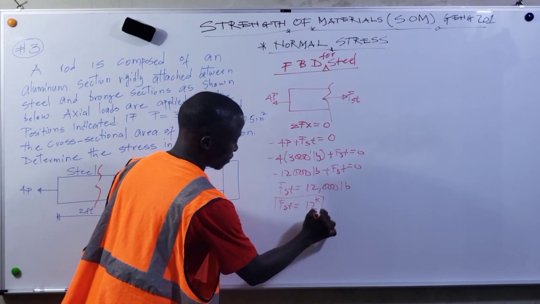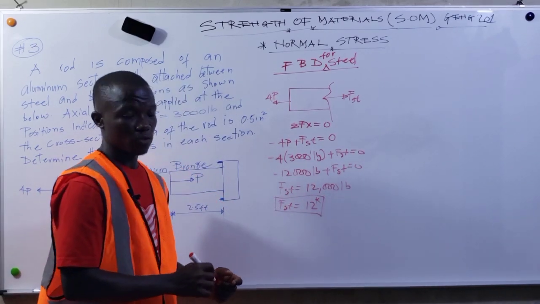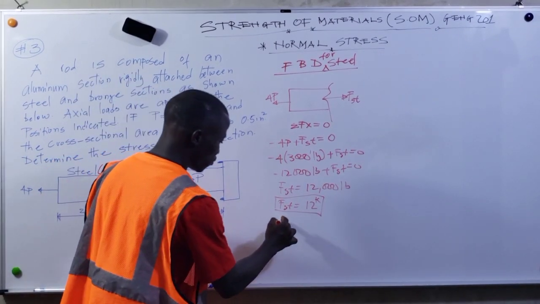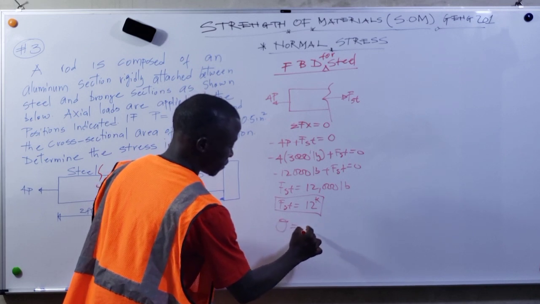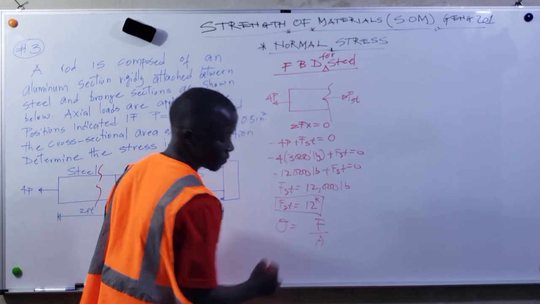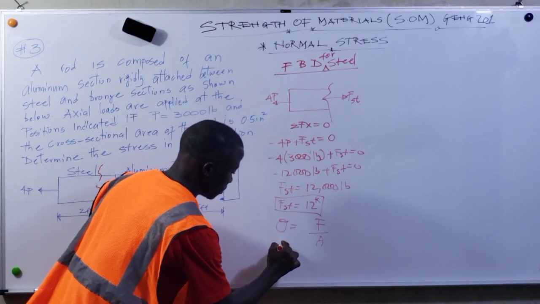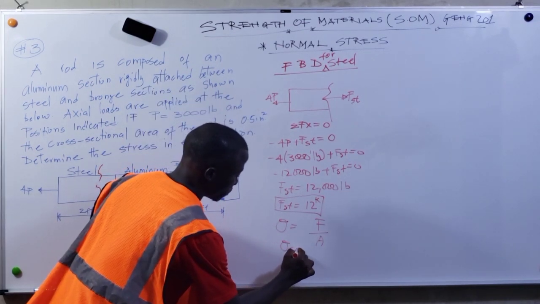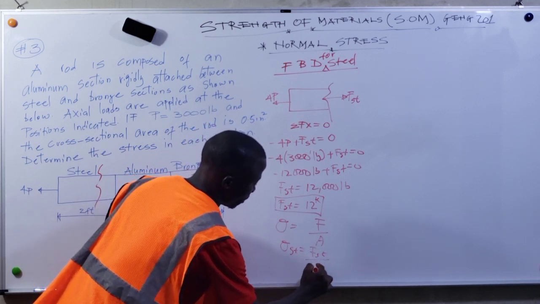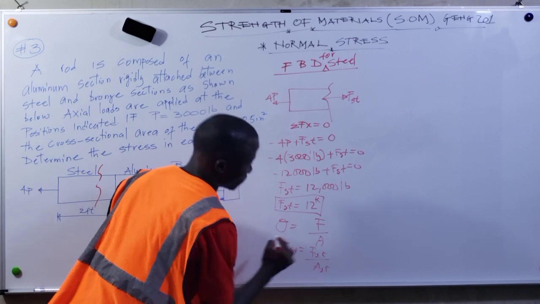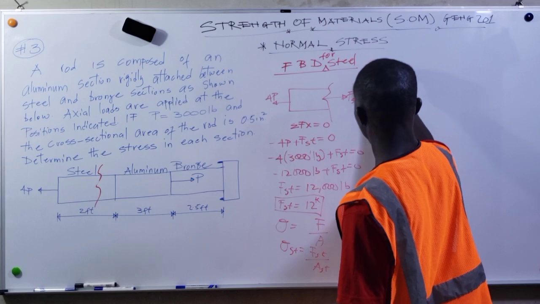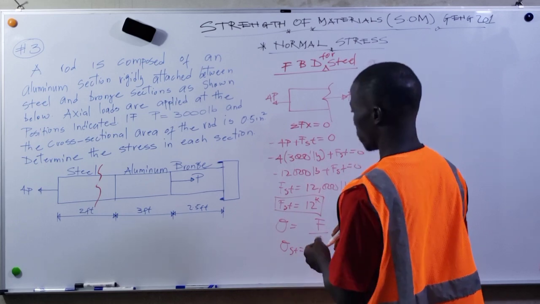So we have gotten the force in the steel, but we are told to find the stress. Normal stress is equal to the force divided by the cross-sectional area. So the normal stress in the steel is equal to the force in the steel divided by the area of the steel.